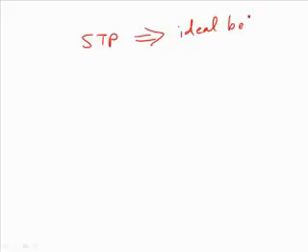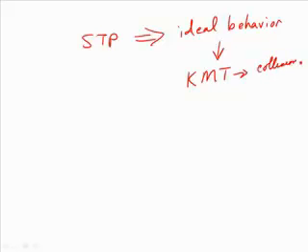They are at STP, and STP conditions imply ideal behavior, and the kinetic molecular theory says that the collisions are elastic, meaning there aren't any interactions between the particles, so one of them's not going to absorb energy, and there's not going to be energy lost in the collisions.